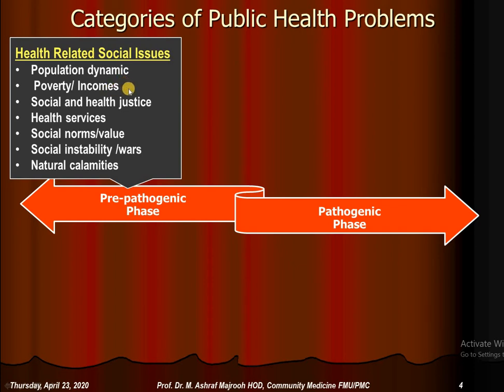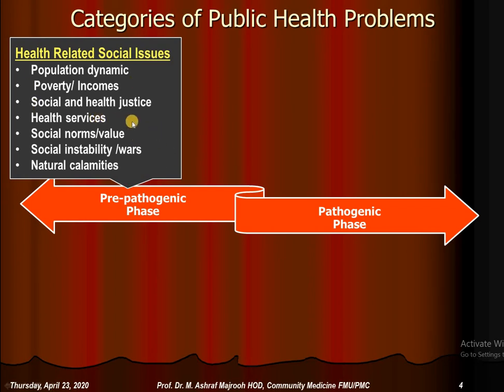Then there is poverty and economic conditions of the population, and they are interrelated. The larger the population, the more poverty, and income is related to the population phenomena. Then social and health justice are factors acting in the pre-pathogenic phase.